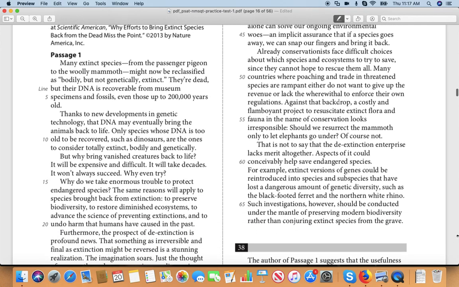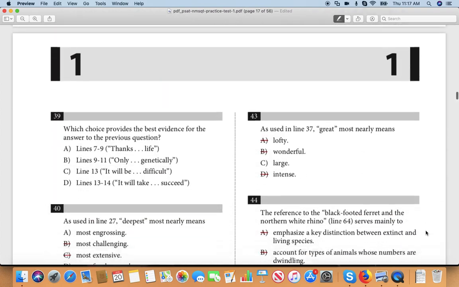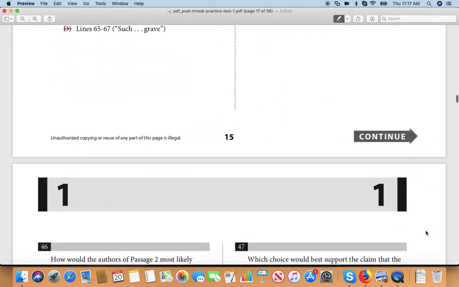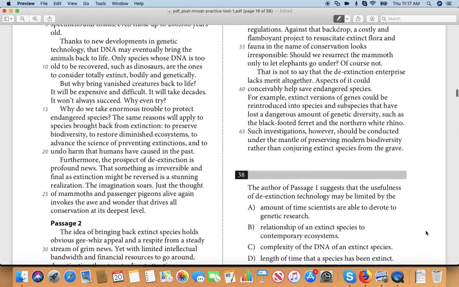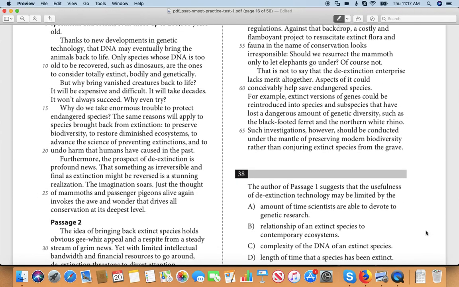For example, extinct versions of genes could be reintroduced into species and subspecies that have lost a dangerous amount of genetic diversity. How's that? I don't really think that proves any points.